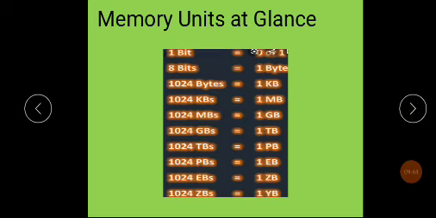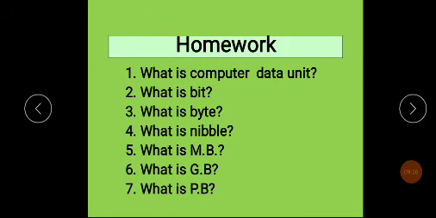This is the memory units of a computer, through which you can easily measure computer memory.